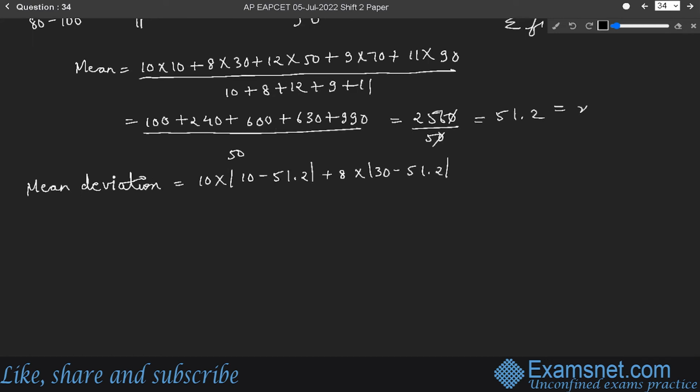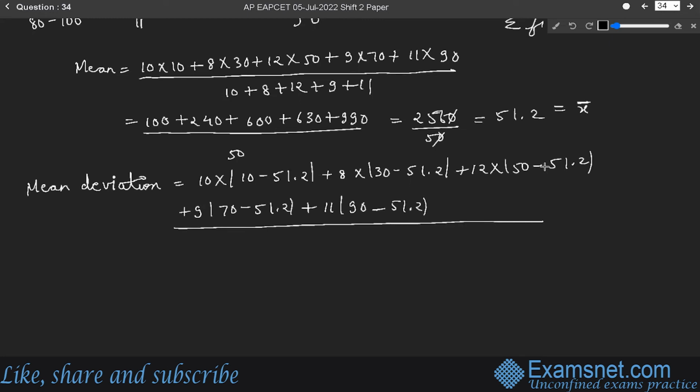Here the mean is considered as x bar. Further putting the values, it will be 12 into modulus of 50 minus 51.2 plus 9 into modulus of 70 minus 51.2 plus 11 into modulus of 90 minus 51.2, divided by the sum of the number of students given in the question, so 10 plus 8 plus 12 plus 9 plus 11.